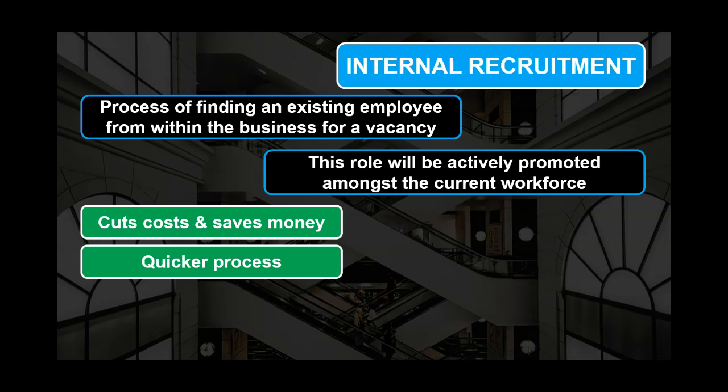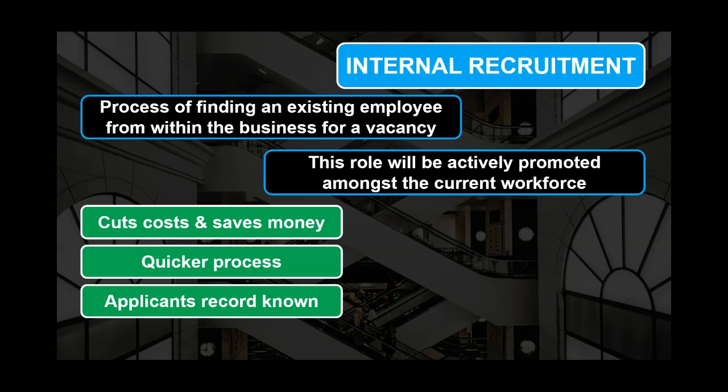Next, applicants for the vacancy are already known to the business, their approach to work is known, their reputation and record is already established, which again cuts down on time taken to assess the candidates in these areas and also saves money in HR costs.